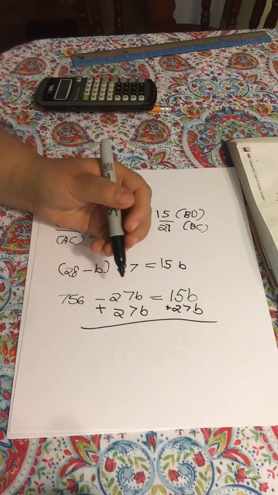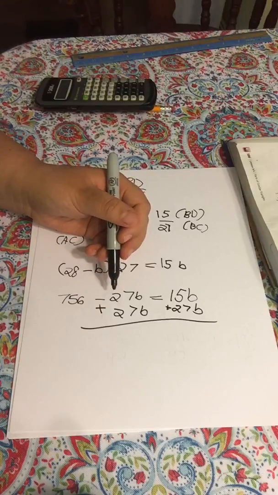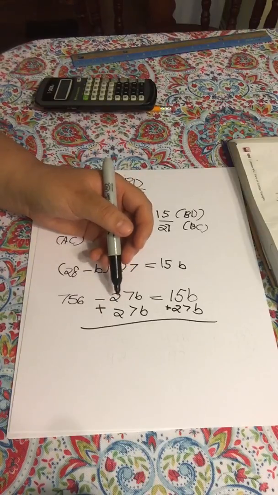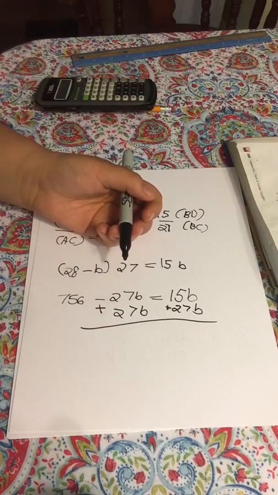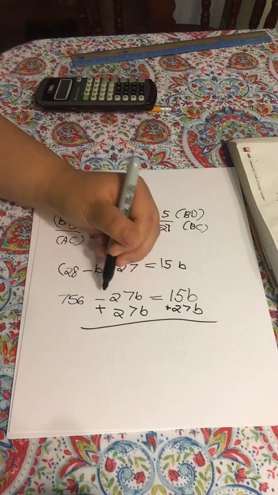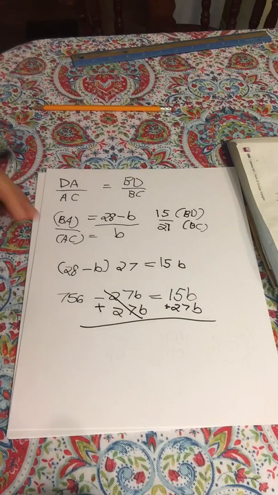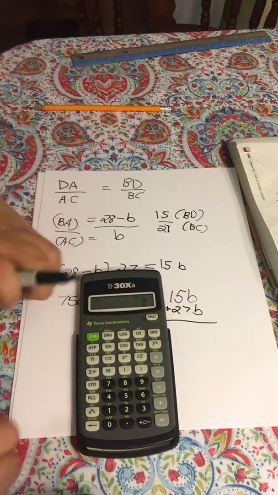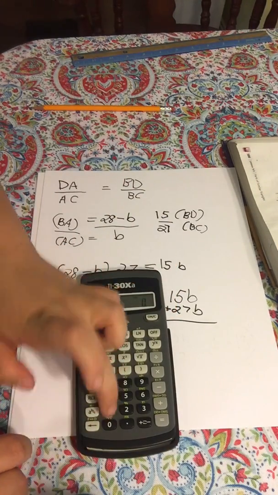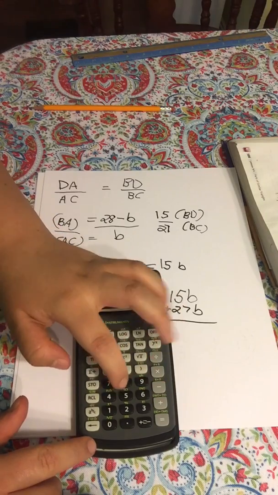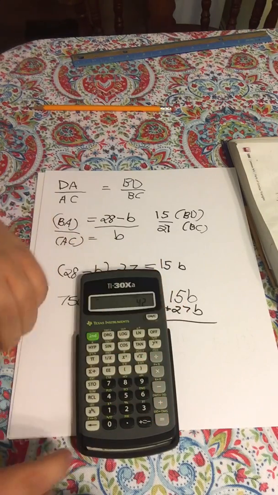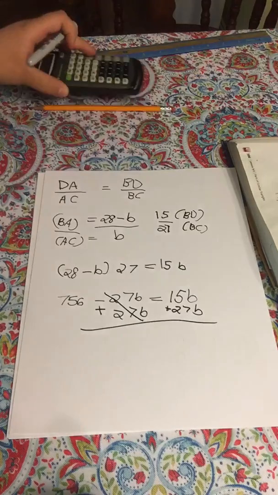So if we subtract 27b and add 27b, it would be eliminated. But if we add 15 plus 27, it would be 42b.